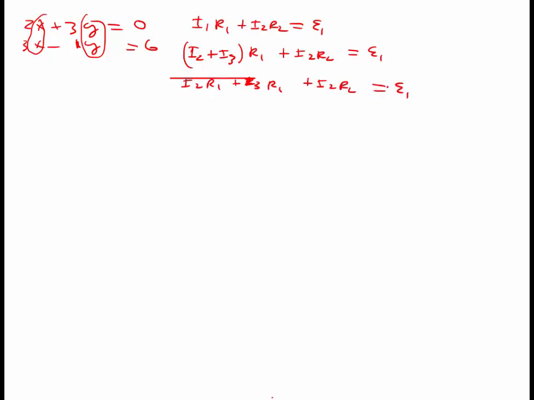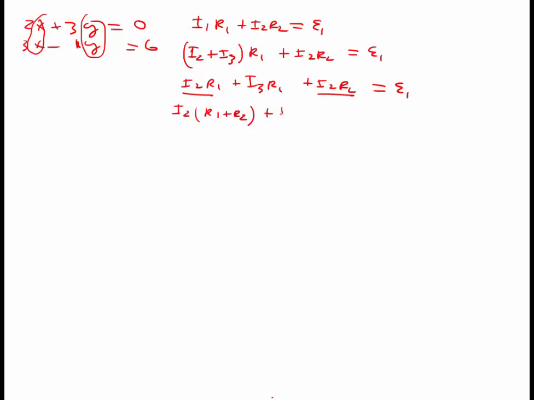Okay. So this is I3 times R1, right? Now we can see that these two terms are exactly the same, so we can combine these two terms. This becomes I2 times (R1 plus R2), right?